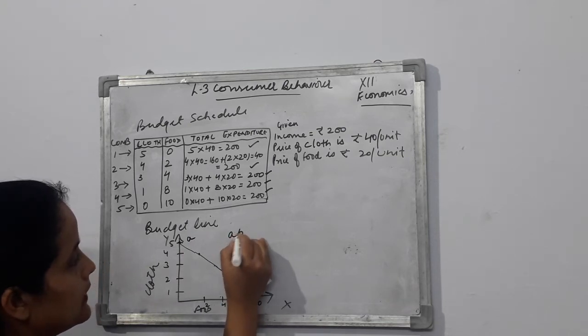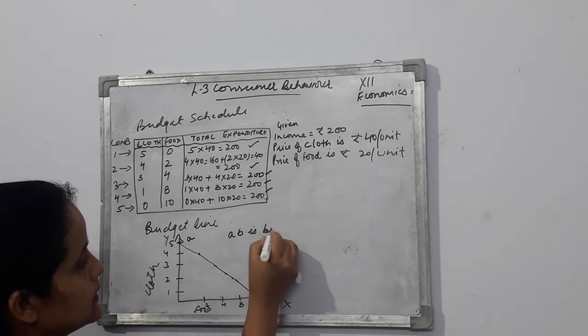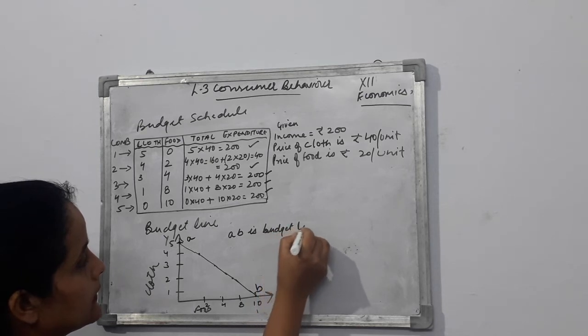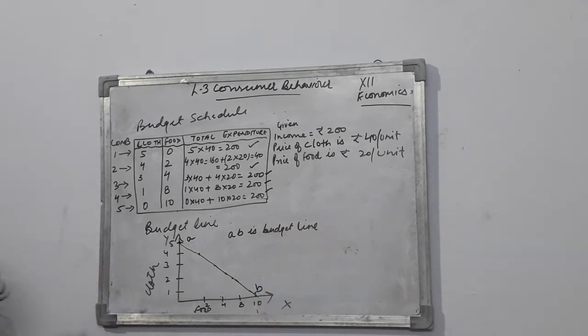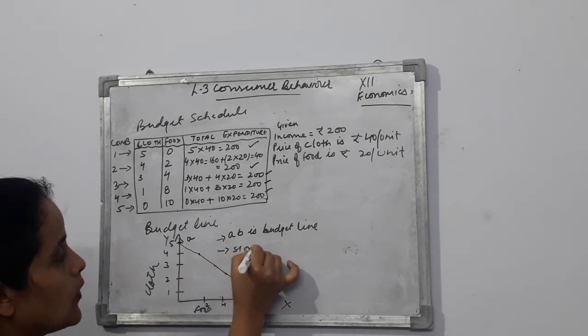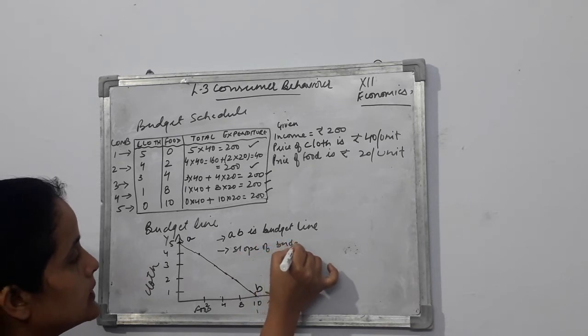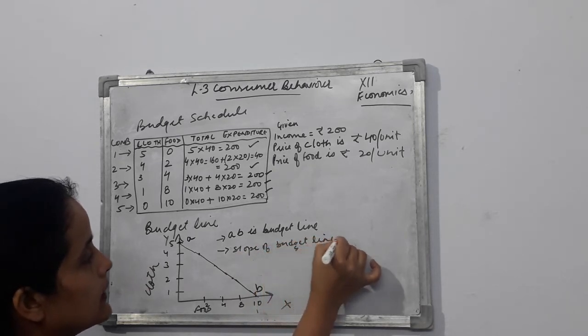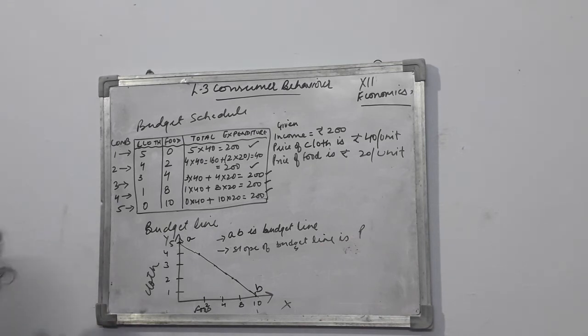So AB is budget line. This is your what? Budget line. Now slope of budget line is what? The slope of budget line is Px upon Py.